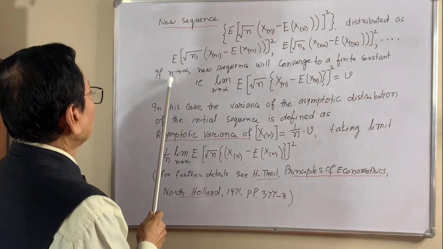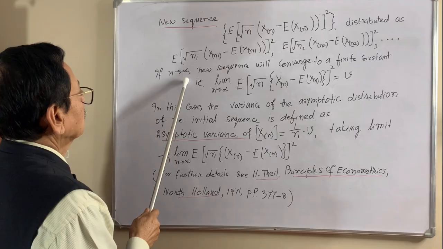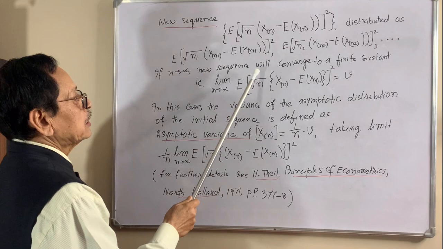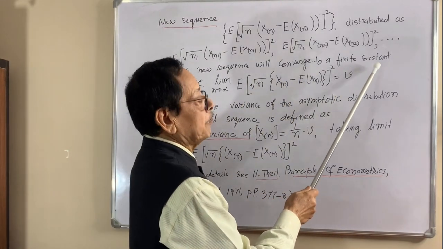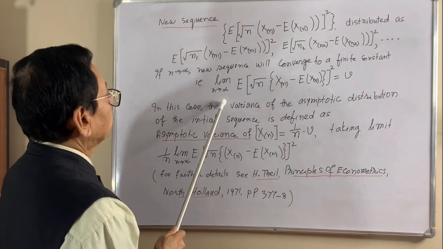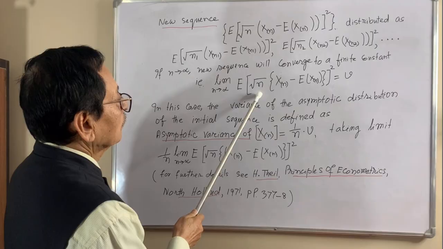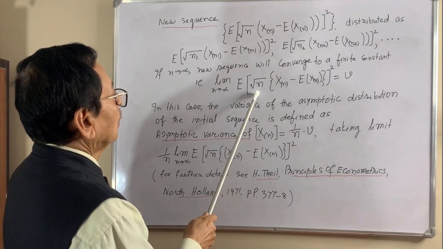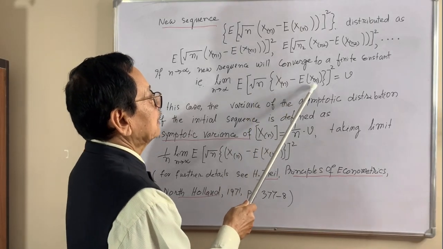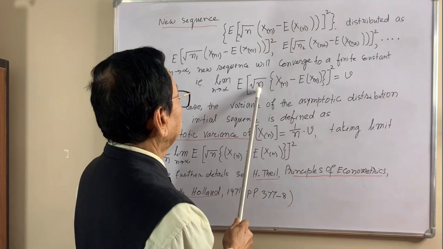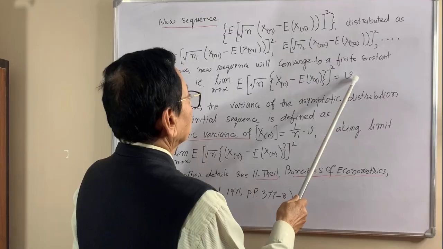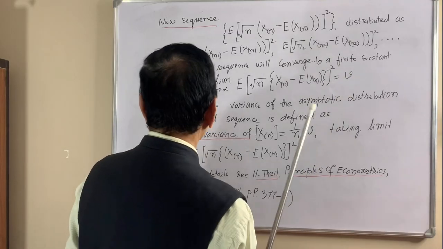So if n tends to infinity, suppose n is very, very large, then the new sequence will converge to a finite constant. That means the limit of the expectation of root n times xn minus expected xn, squared, will be equal to a finite constant.